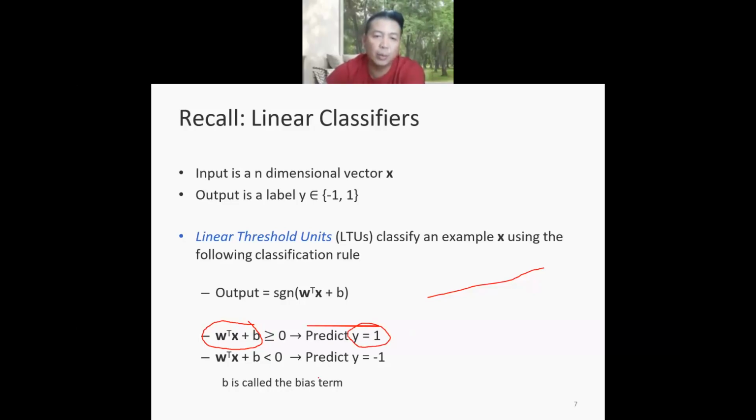Otherwise, we predict the value of y as minus 1. It is just a formula that represents the line on your solution space. So b in this case is called the bias term.